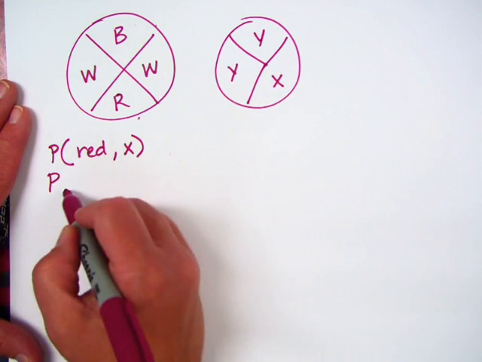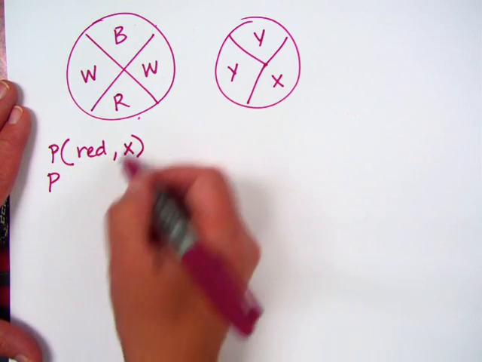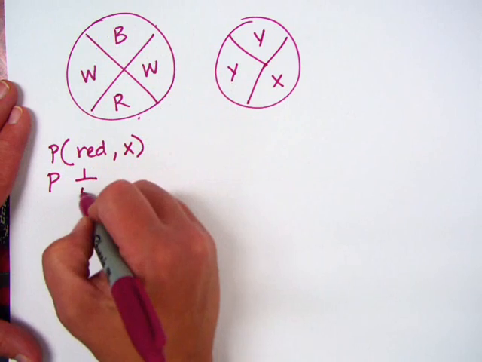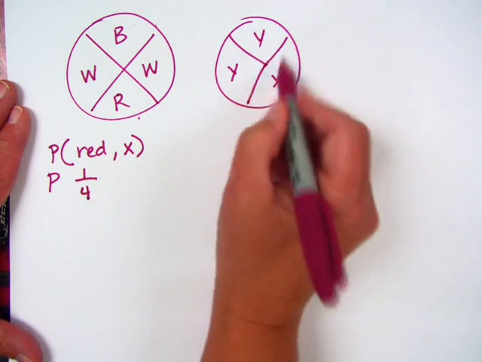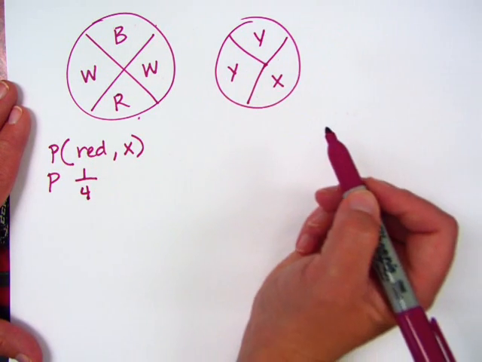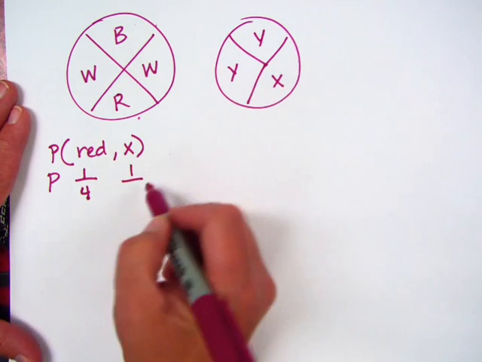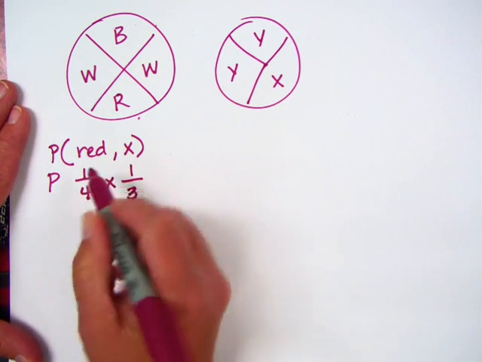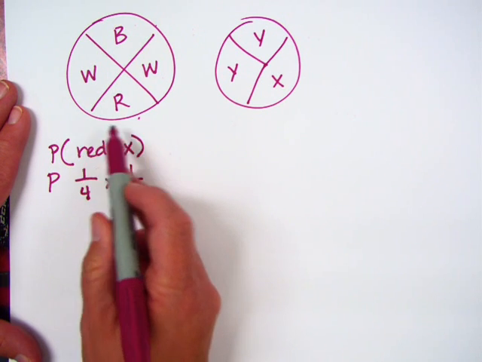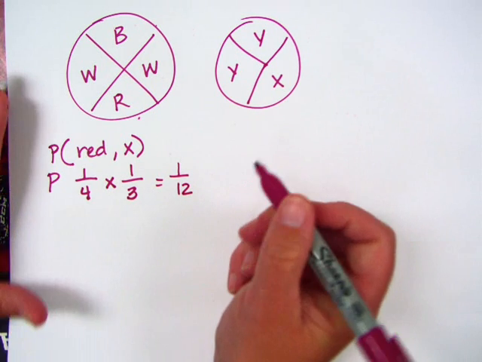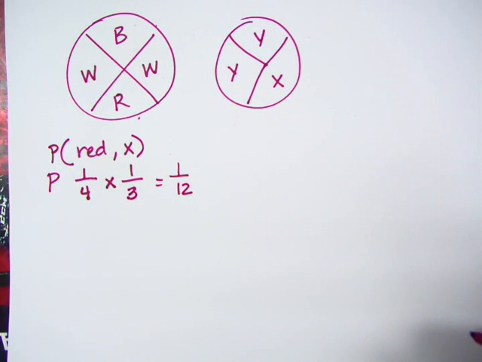The probability of red is going to be how many? Well, there's only 1 that's red, so 1 out of 1, 2, 3, 4. Here we have looking for an X. Well, we have 2 Y's and 1 X, so we have 1 out of how many? 3. So the probability of landing on a red and an X is 1 out of every 12 tries.